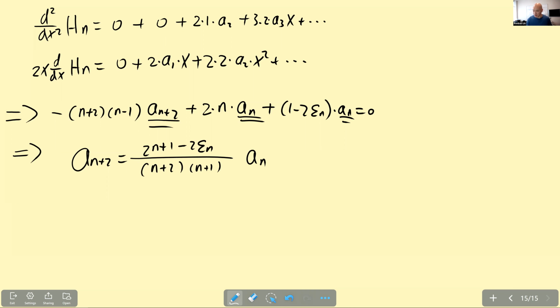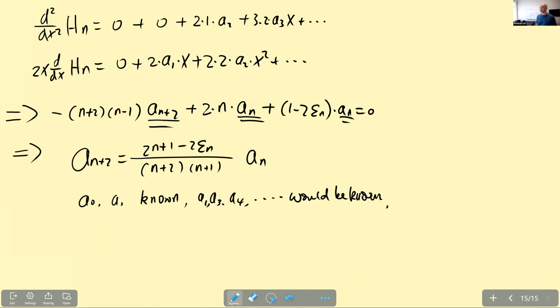So that means you need to have a0 and a1 known, and then a2, a3, a4, all of them, would be known. So there will be two coefficients to be determined.